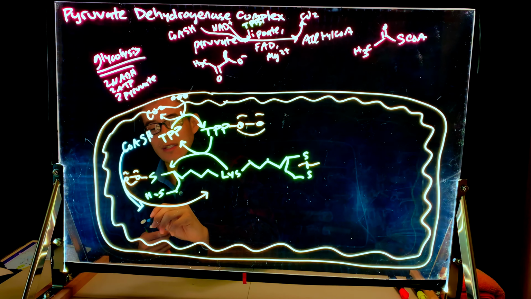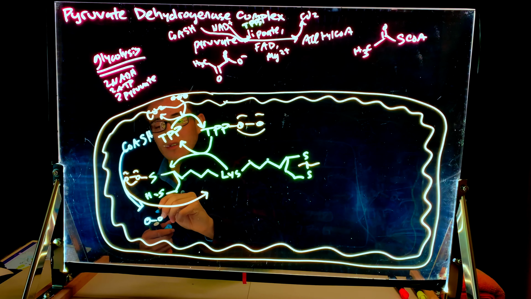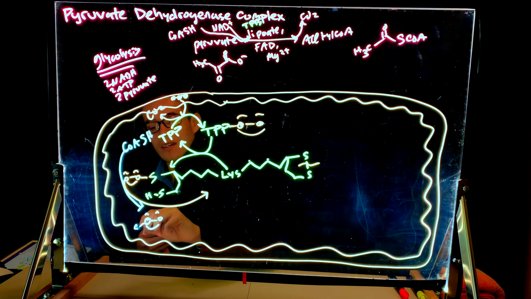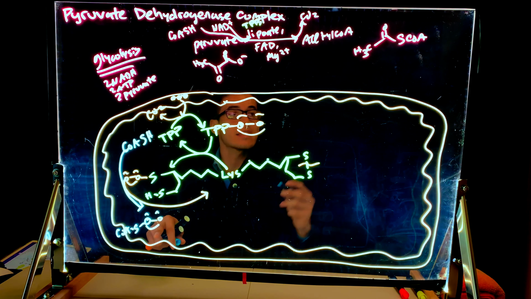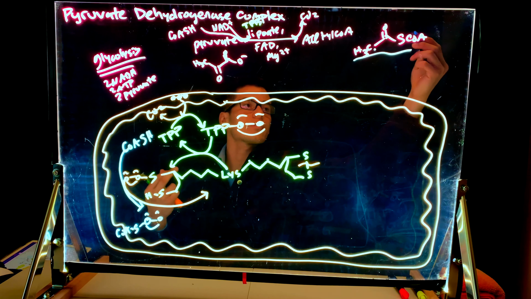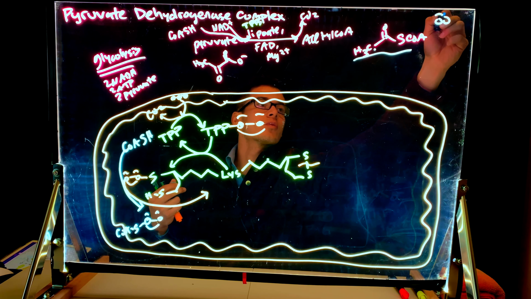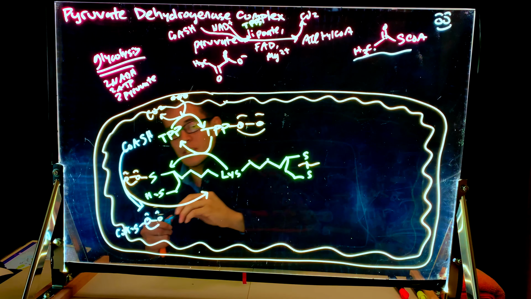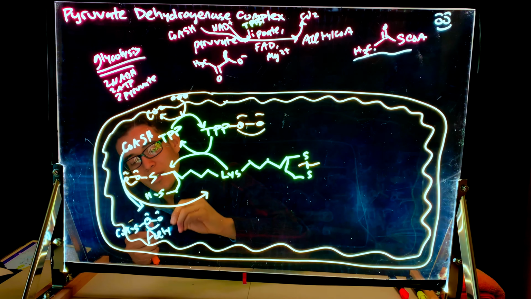We're going to get our 2 carbons with a sulfur group and a CoA coming off of it. Now this is the structure right up here. So these two carbons are the carbons that I've been referring to with a smiley face. Okay, so we generated our acetyl-CoA.